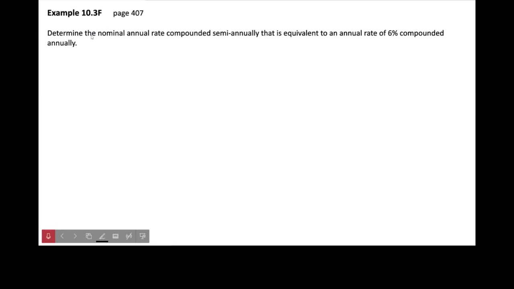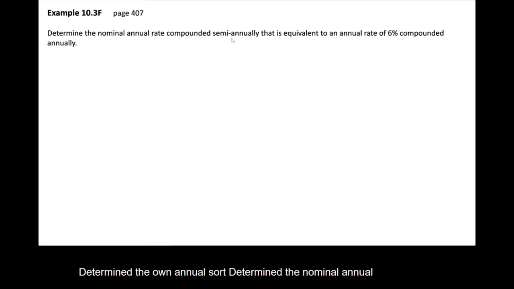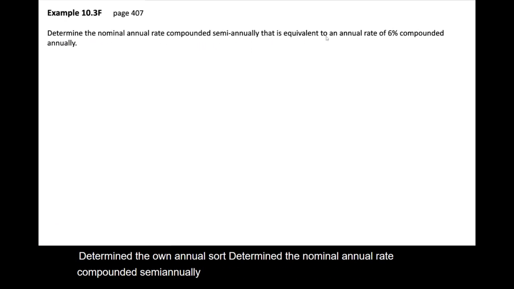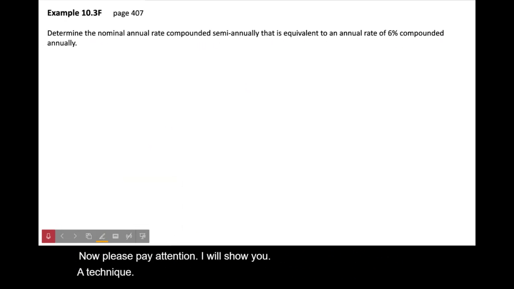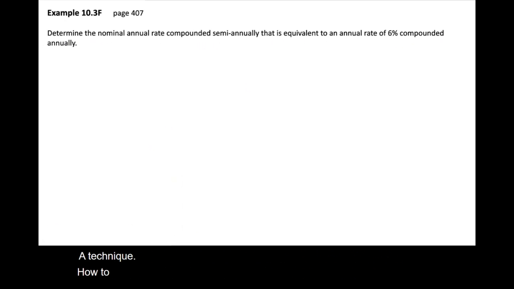Okay, determine the nominal annual rate compounded semi-annually that is equivalent to the annual rate of 6% compounded annually. Okay, now please pay attention. I will show you a technique how to calculate equivalent interest rates.